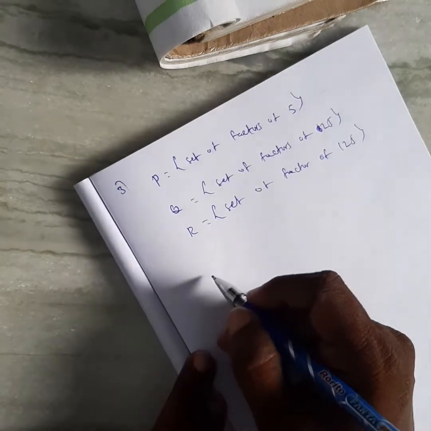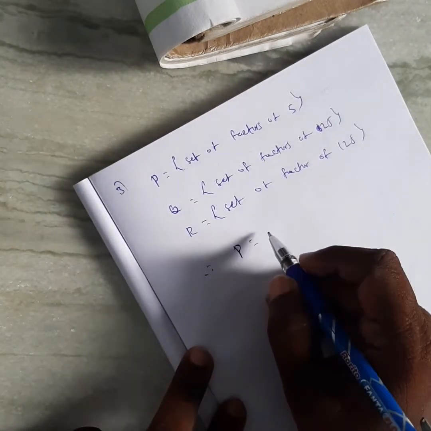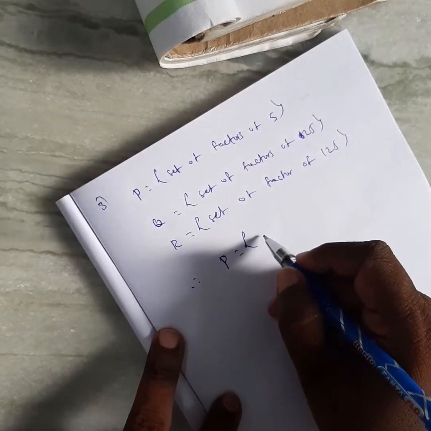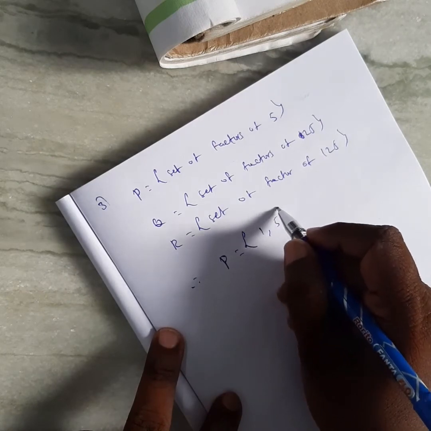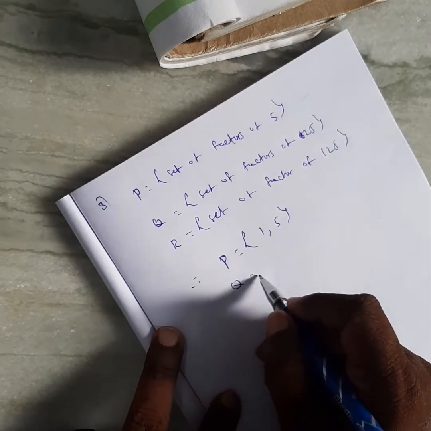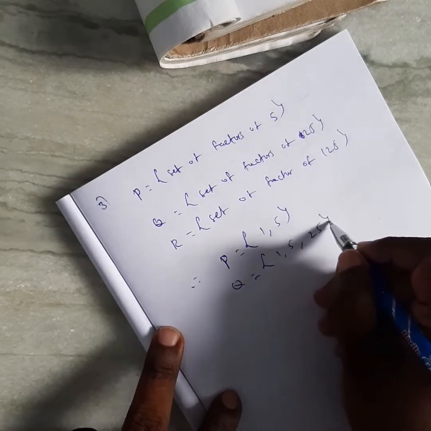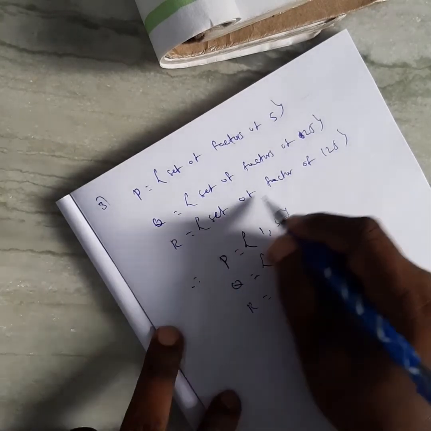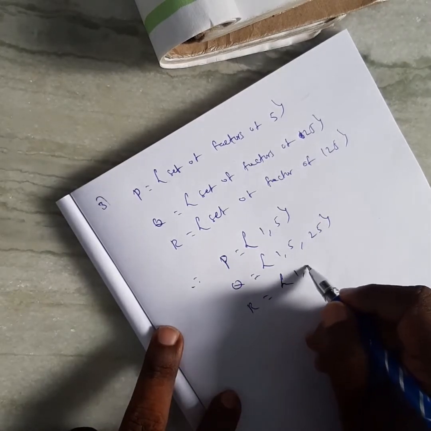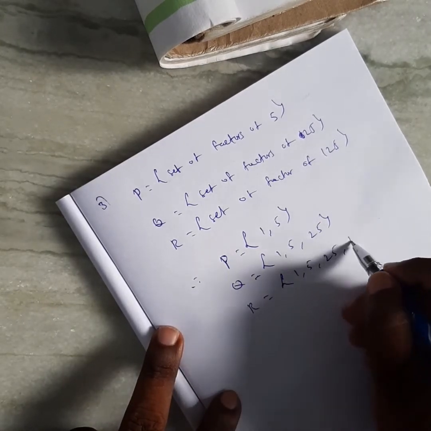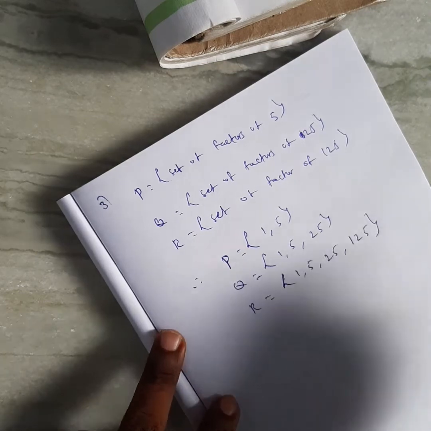If you write in roster form, the factors of 5 are 1, 5. Q, the factors of 25, is 1, 5, 25. R, the factors of 125, is 1, 5, 25, 125. So you got these three sets.